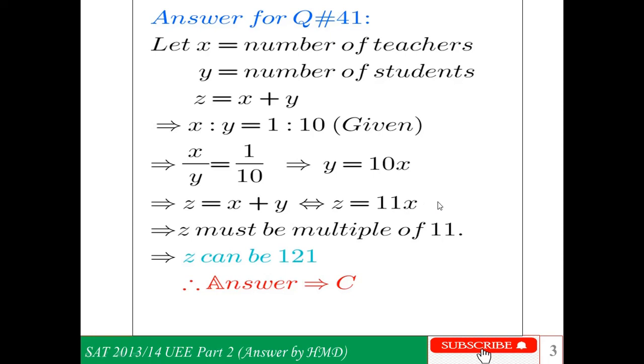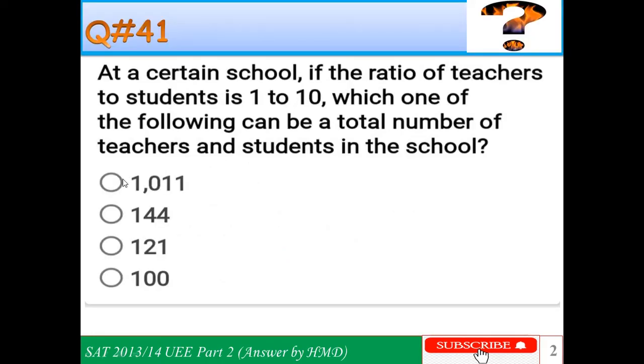Now bear in mind that X, Y, Z must be whole numbers, and Z must be a multiple of 11. So Z can be 121 from the given choices. You can see the choices here. Choice A says 1011. If you divide this by 11, you will not get an integer.